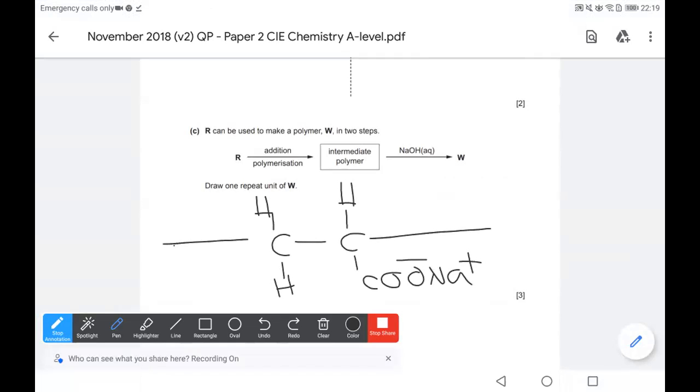This is the repeat unit. If it were a polymer we would put n, but it's not a polymer here, and this should be the repeating unit. Due to the ionic nature, it will be easier to dissolve in water.